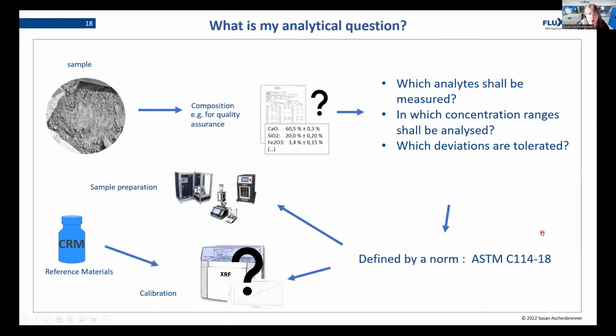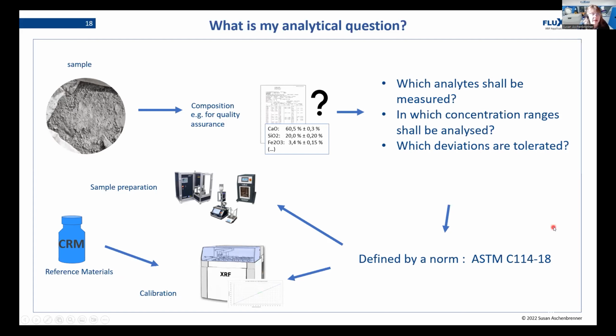Okay, so let's head back and we can see, okay, our reference materials, we are allowed to use NIST, or we are allowed to use compatible with NIST CRMs. So now we know how to set up the calibration.